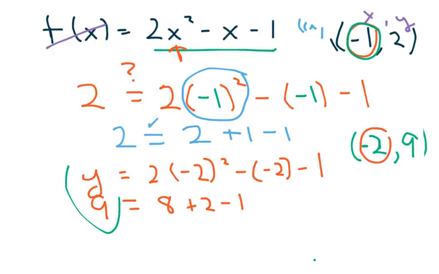Okay, the next question they ask is if f of x equals -1, then what does x equal? So basically, again, they're saying if y is -1, then what is x? So I'm going to use my same equation.